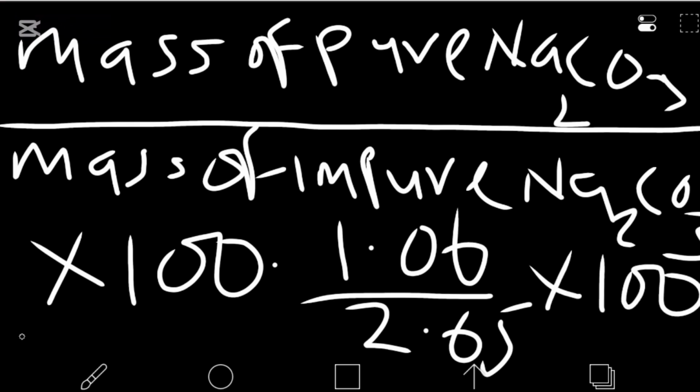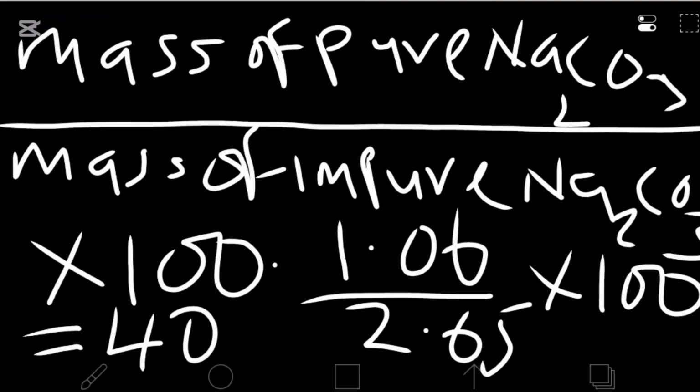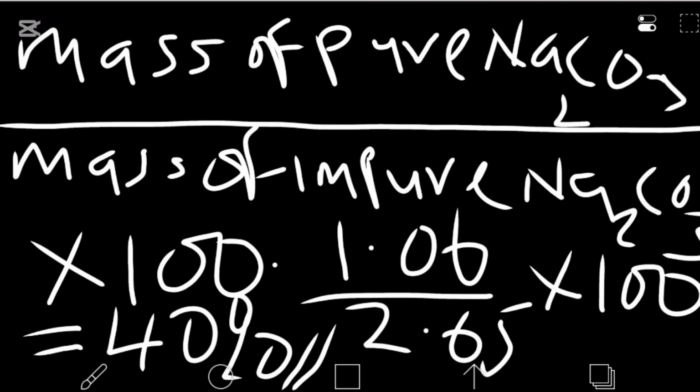So when we divide 1.06 by 2.6 and we multiply by 100, it will give us 40%. So this is our final answer. So 40% is the percentage purity of this question.